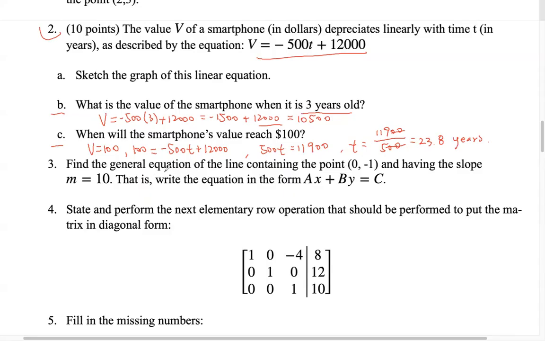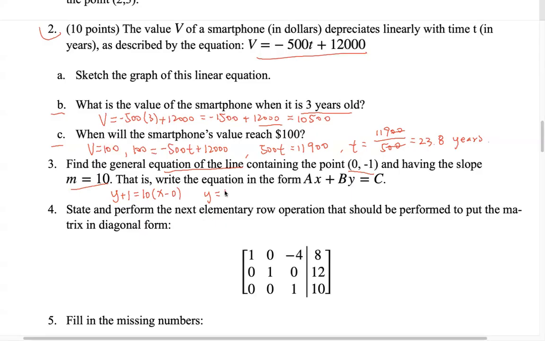Find the general equation. Again, find the equation of the line containing this point and having slope of 10. You can use the point-slope formula. y minus negative 1 becomes y plus 1 equals 10 times x minus 0.